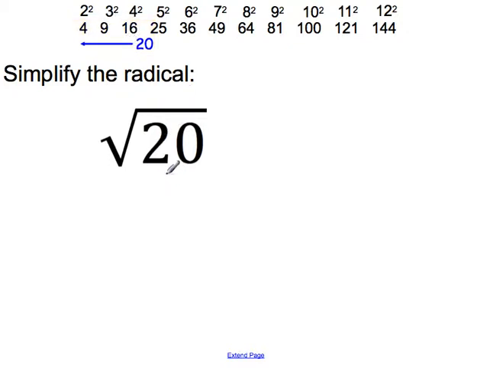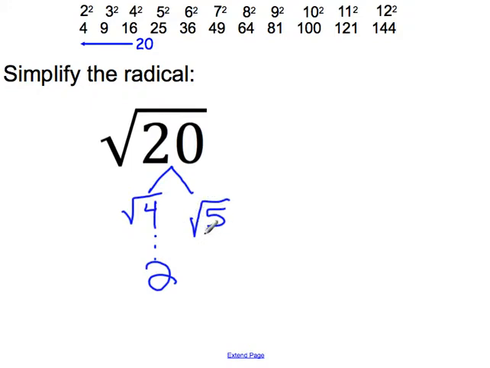We're going to make a factor tree. And the square root of 20, I know, is divisible by 4. So we're going to write that as divisible by the square root of 4. Square root of 4 goes into square root of 20, square root of 5 times. We know that the square root of 4 is 2, so I'm going to simplify the square root of 4.